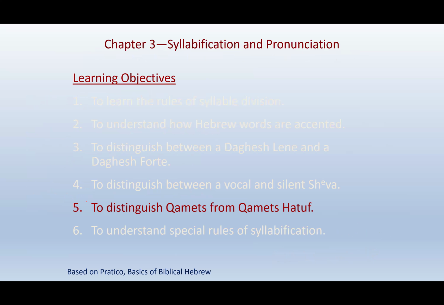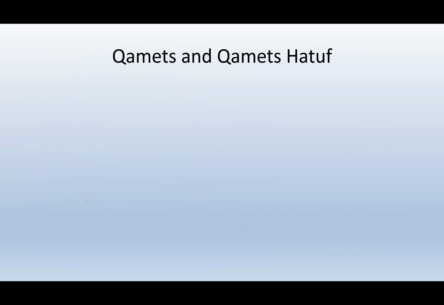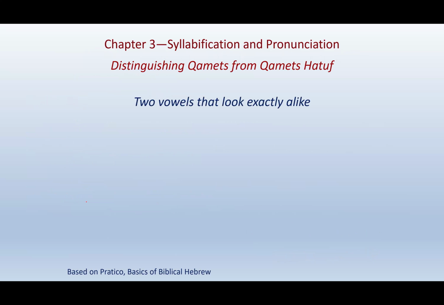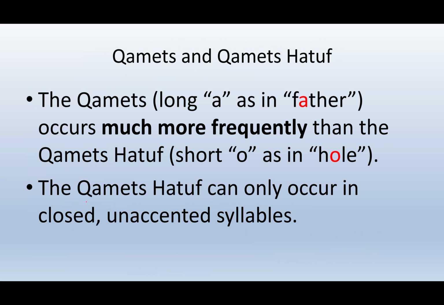Okay, so we ran through some examples of that to distinguish a kametz from a kametz hatuf, because these are two vowels that look exactly alike. You have a kametz, you have a kametz hatuf, so how can you tell the difference? The kametz itself is a long A, as in father, and it occurs way more frequently than the kametz hatuf, which is a short O, but it still sounds like a long O to us, as in whole.